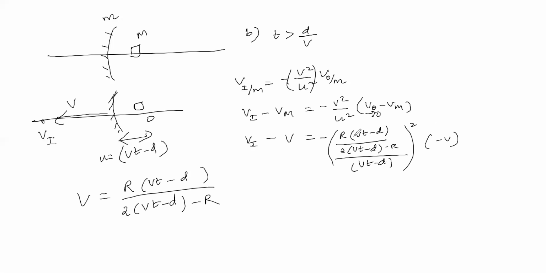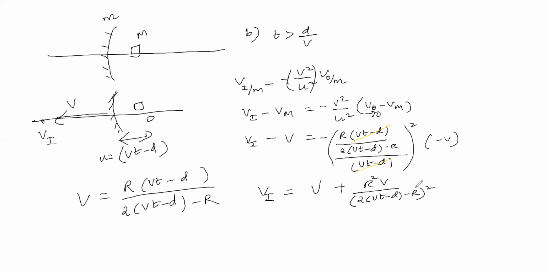Now we can cancel this vt minus d. Moving this v to the other side, it becomes plus v. So the velocity of the image is plus v, and minus into minus gives plus, so plus r square v divided by 2 into vt minus d minus r, the whole squared.